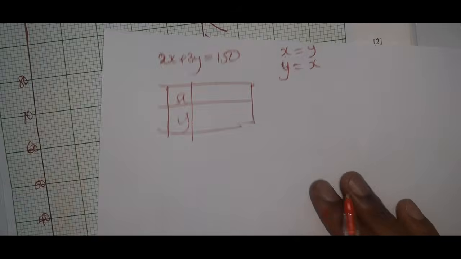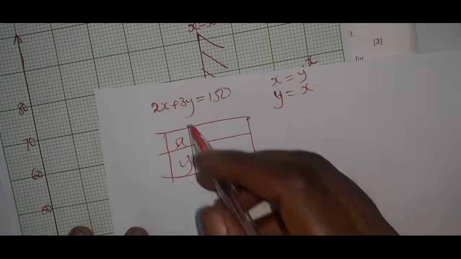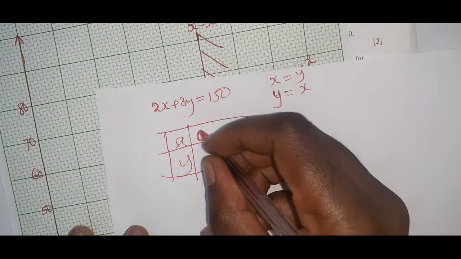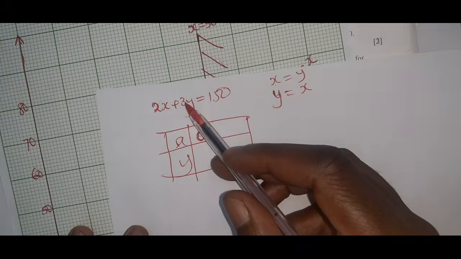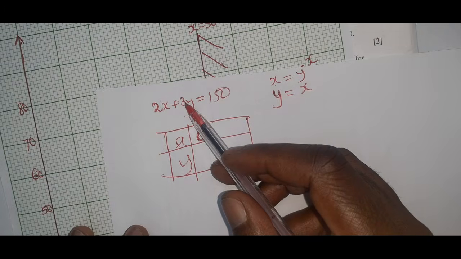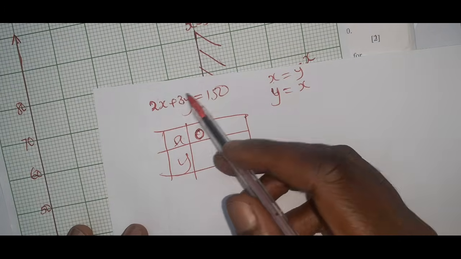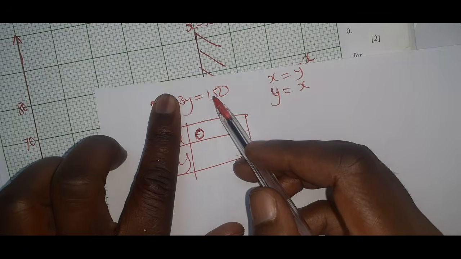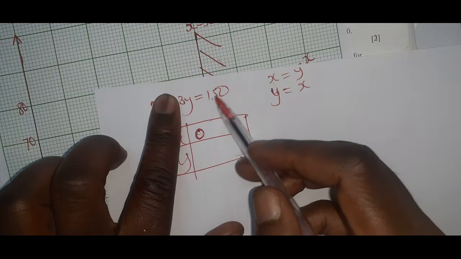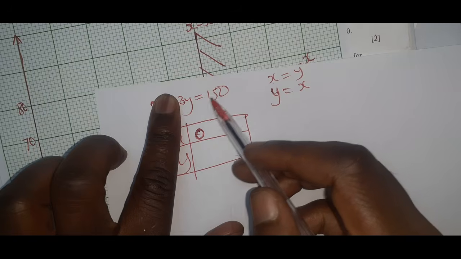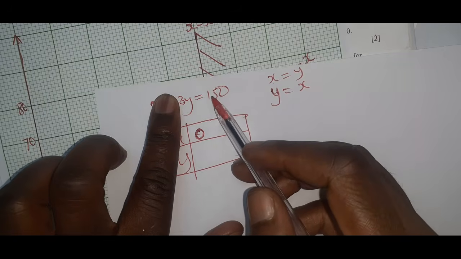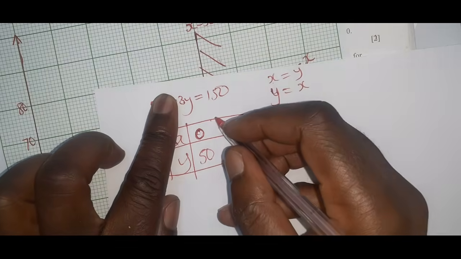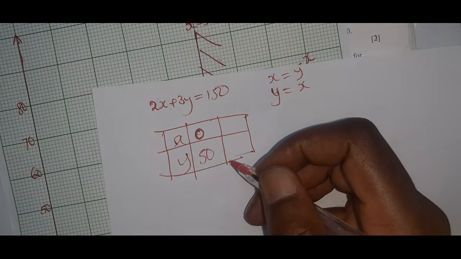If x is equal to 0 here, then it means we're going to have 3y is equal to 150, so you need to divide this by 3, isn't it? So y will be 50. Take note of that.